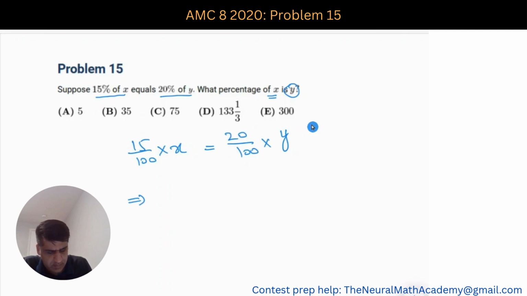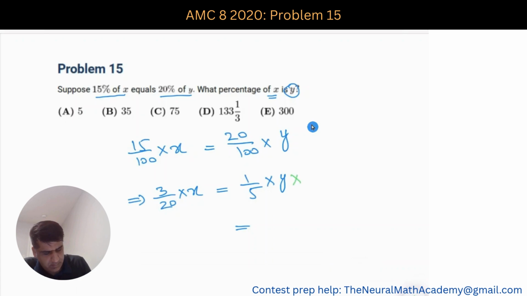Let's first simplify it. So I will get 3 over 20 multiplied by x. So here I will get then 1 over 5 y. So if I multiply the equation on both sides with 5, then I can isolate y.